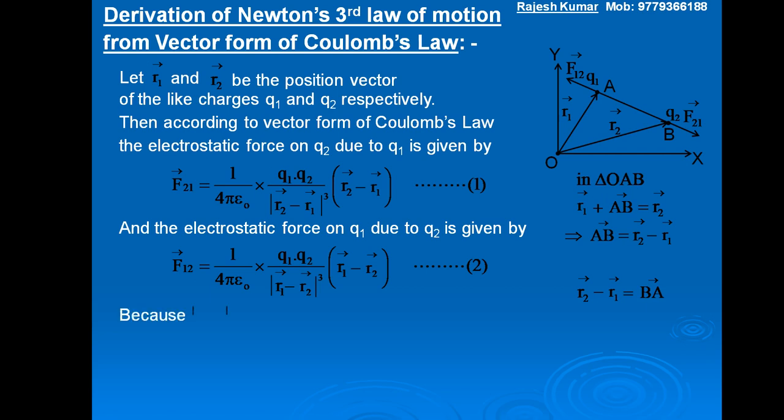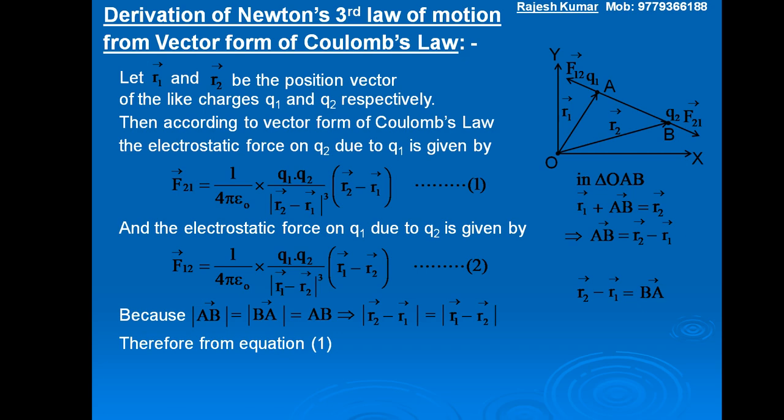Now because mod of vector AB is equal to mod of vector BA is equal to length AB, this implies mod of R2 vector minus R1 vector is equal to mod of R1 vector minus R2 vector.